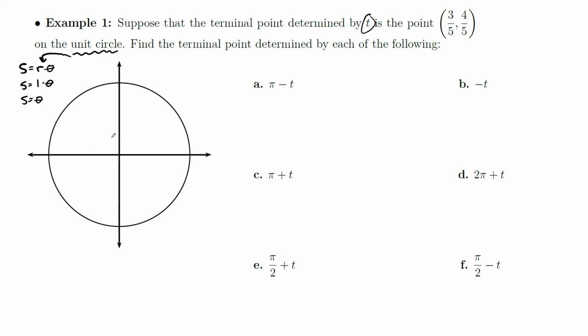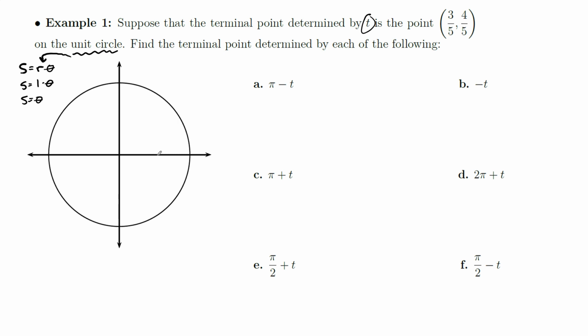So what that means is instead of trying to draw t as an angle, it's okay for me just to think of it as an arc length, right? Now remember, we're always starting from the standard position, so this would be 0. They're saying that the terminal point determined by t is 3/5, 4/5. That's the point on the unit circle where t ends. So I'm going to pick a different color here. Let's just try to approximate about where 3/5 is.